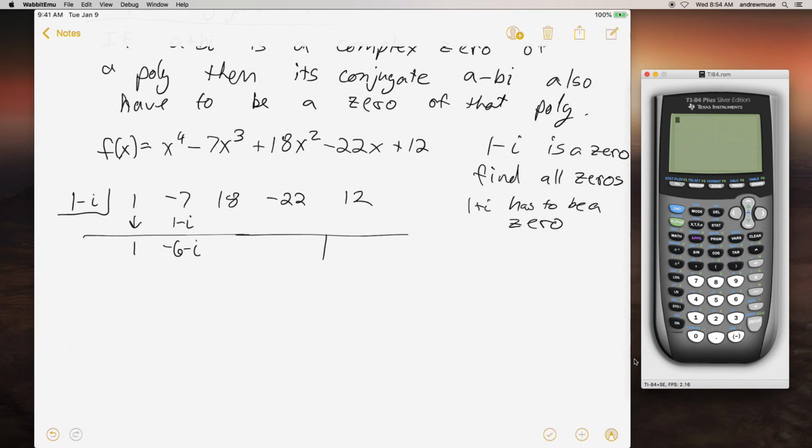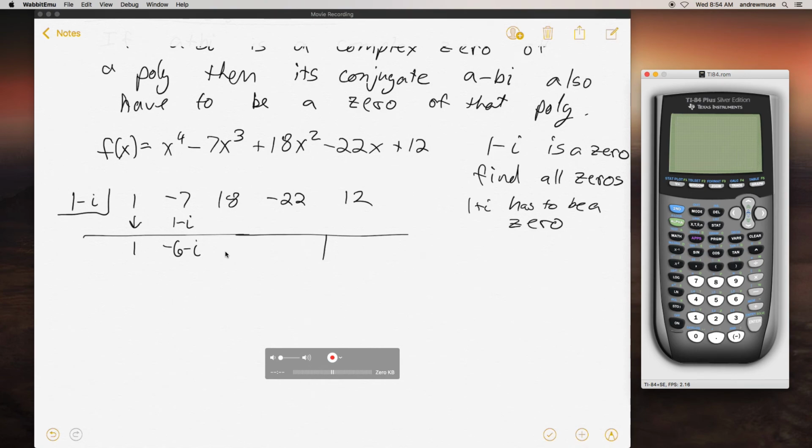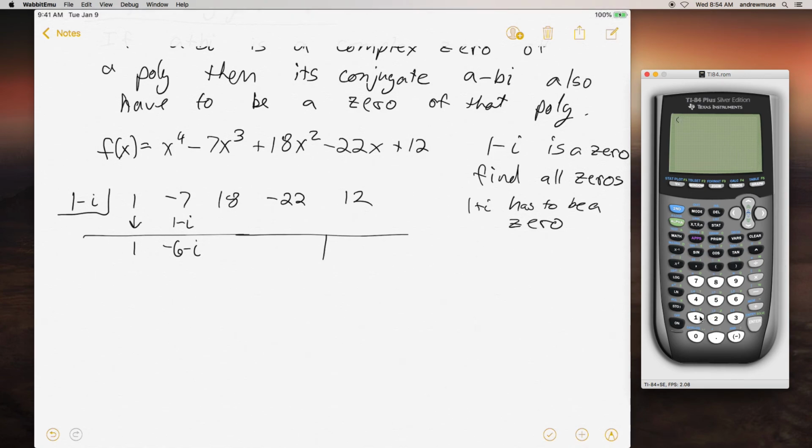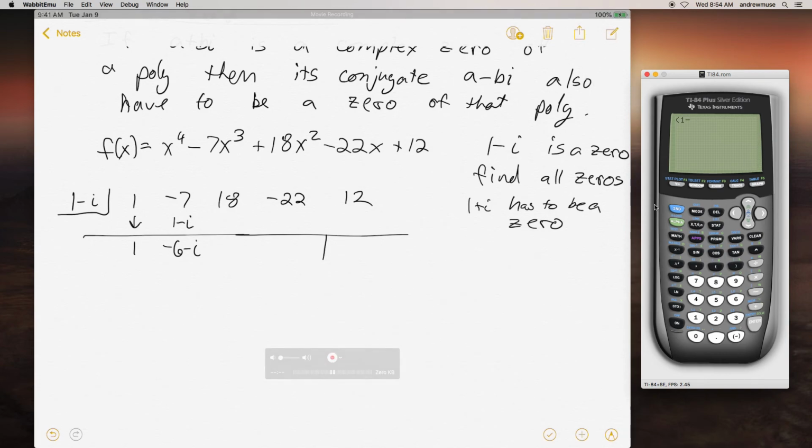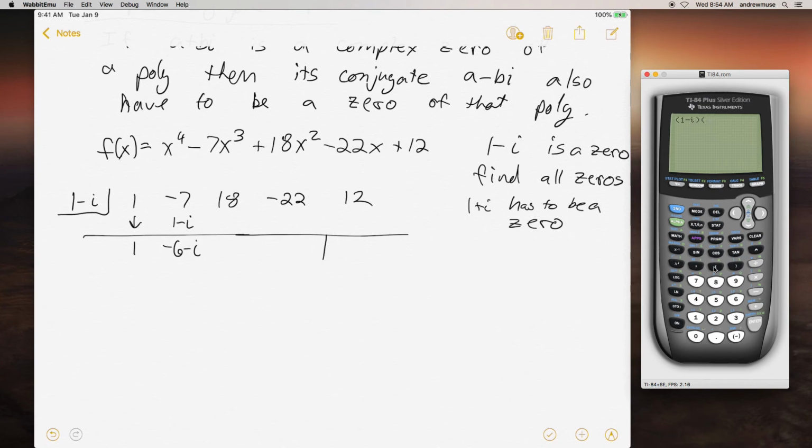The next thing that needs to go in this position here is 1 minus i times negative 6 minus i. Now you need to use this little i down here. That is the imaginary unit i. Don't use this i up here. That's actually just the letter i. And it will go ahead and put it in complex form for us because we told our calculator to be in complex mode.